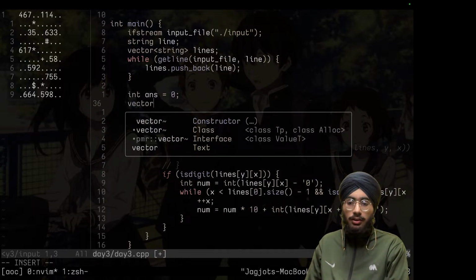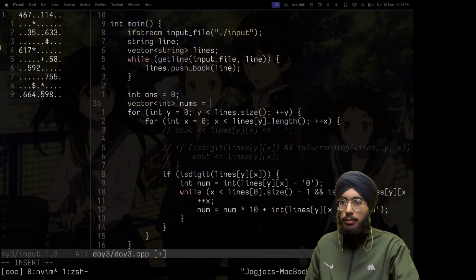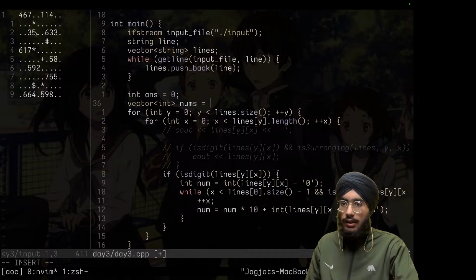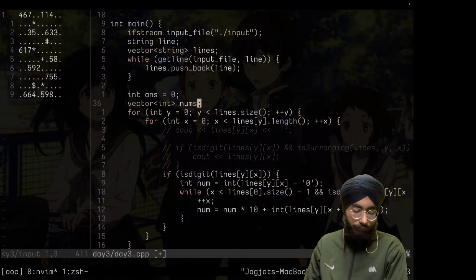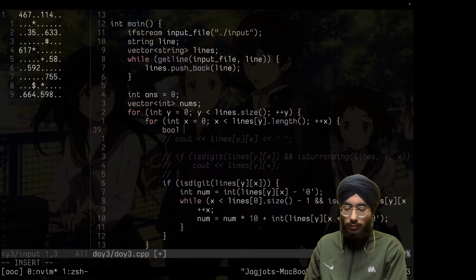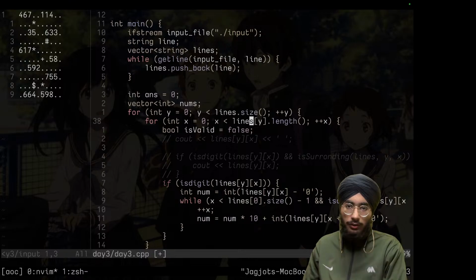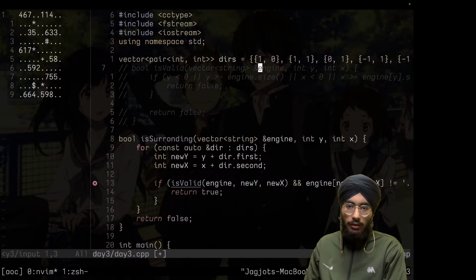It is vector int nums, which is gonna take all the numbers which are valid, like this one, this one, this one, and we are gonna make a boolean. Bool is valid equals false, and we are gonna comment this out for a moment.